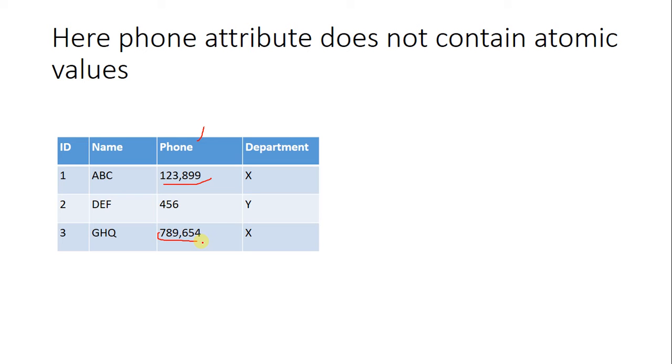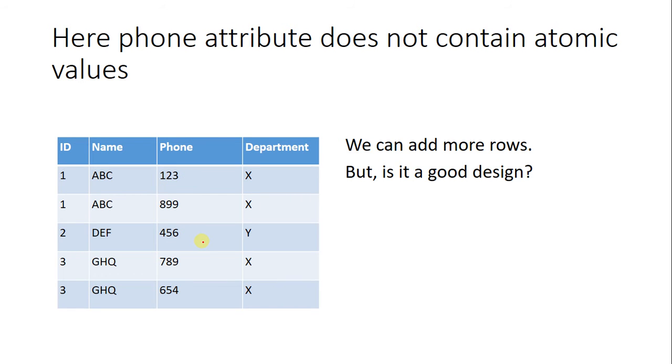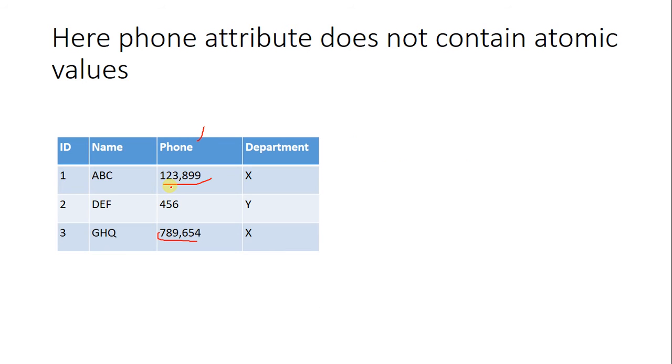There are different approaches. One way of doing that is we put the phone number in a separate line, like from here we move it to the second line, and when you move it to the second line, we have to copy all these values to the second line as well.